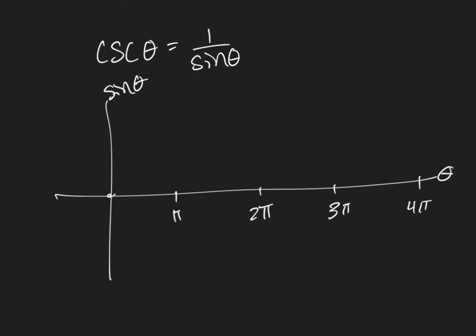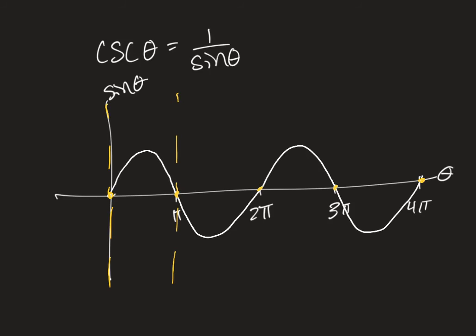At every multiple of pi, sine is going to be 0. And every place that sine is 0, our cosecant value is going to be undefined. So we're going to be undefined here, here, here, here. So we're going to have these vertical asymptotes.